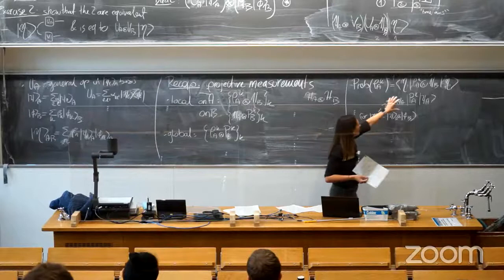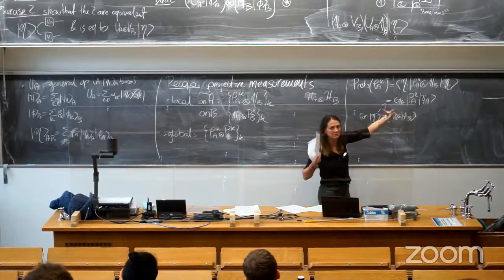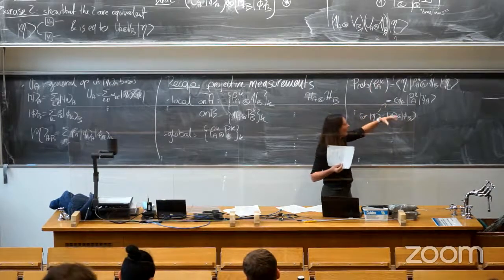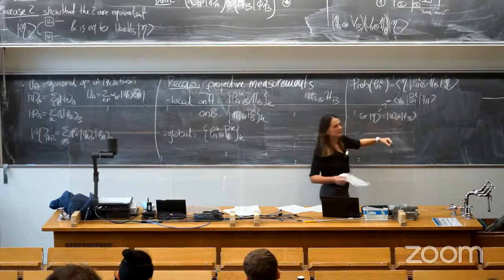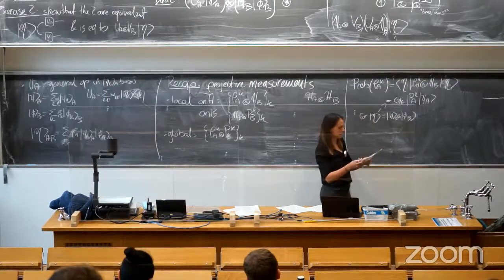So here we can really forget about the rest of the part, which intuitively makes sense, because we project only on the Hilbert space corresponding to A, and we leave the Hilbert space corresponding to B untouched.